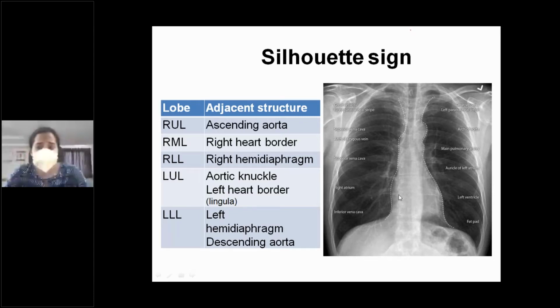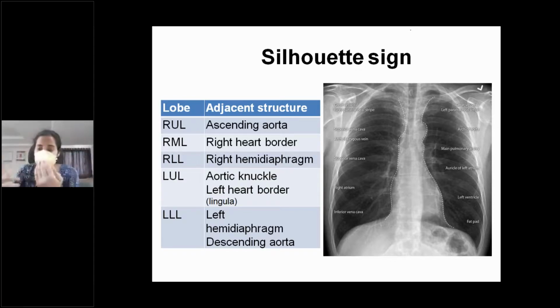Now, the basic advantage of this Silhouette sign is this. If the heart is placed like this within the thoracic cage, and there is some opacity just adjacent to the cardiac shadow, coming in contact with the heart, and it is of the same radiographic density, you cannot visualize this heart border, and it is like a mixed density.